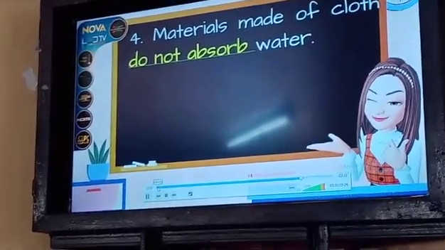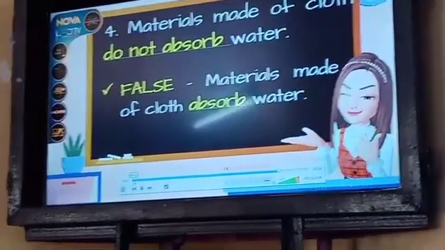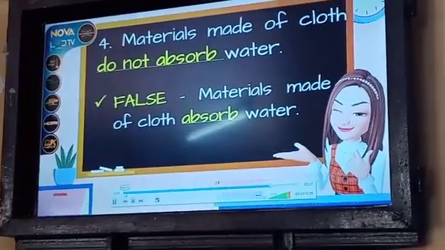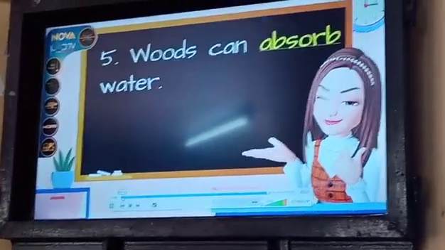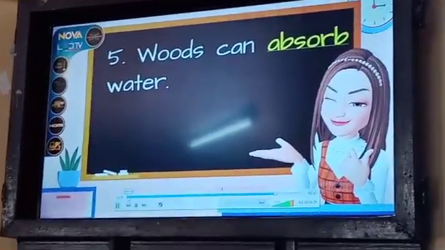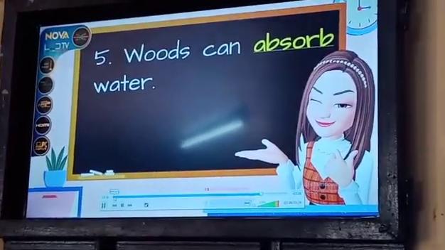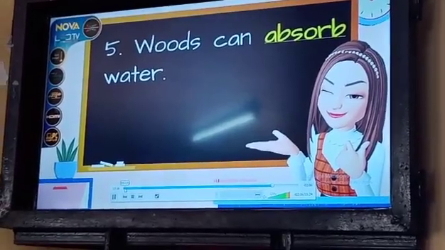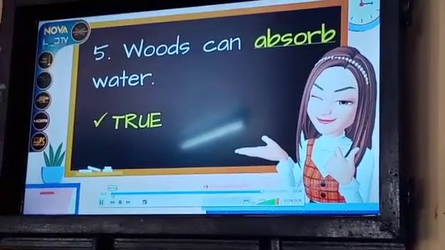Materials made of cloth do not absorb water. So what would be your answer now? The answer is false. Materials made of cloth absorb water. Number 5. Woods can absorb water. So the correct answer is true.